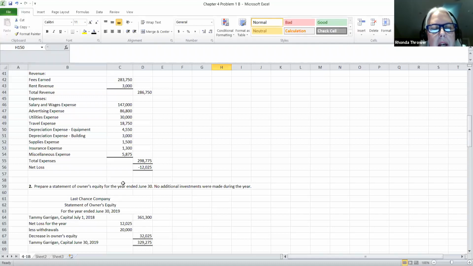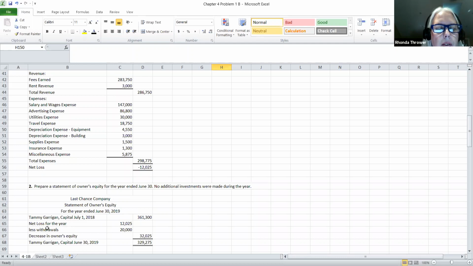In this case, we had a net loss of $12,025. The $12,025 net loss is recorded after the beginning owner's equity because there were no additional investments. Technically, there could have been a line in between these two called additional investments, but we didn't have any.